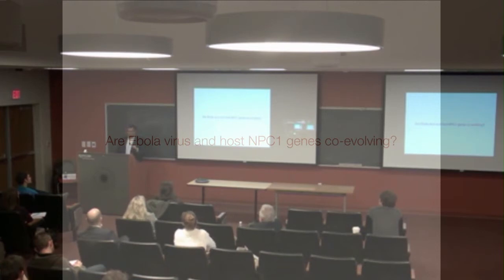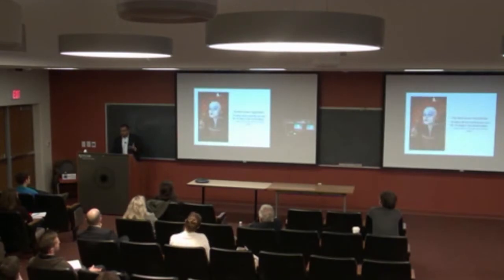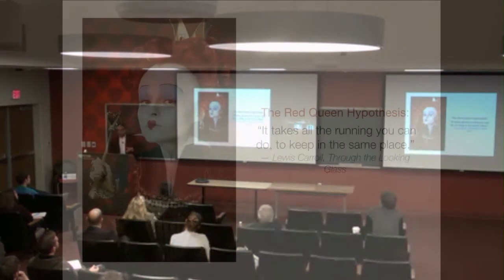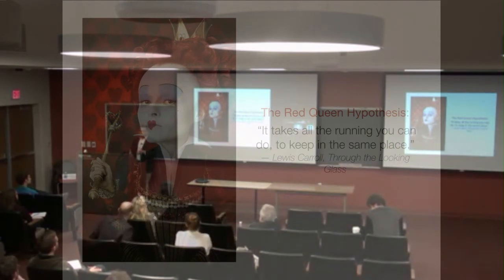But I'm going to leave you with this last experiment, which looks at whether the Ebola virus and host NPC1 genes could be co-evolving, which expands this question to what's going on in nature and what could have happened in the past. This is based on the Red Queen hypothesis articulated by Leigh Van Valen, an evolutionary biologist, which is an idea of an arms race, where the virus is constantly mutating and adapting, and so we have to constantly adapt to deal with the virus.